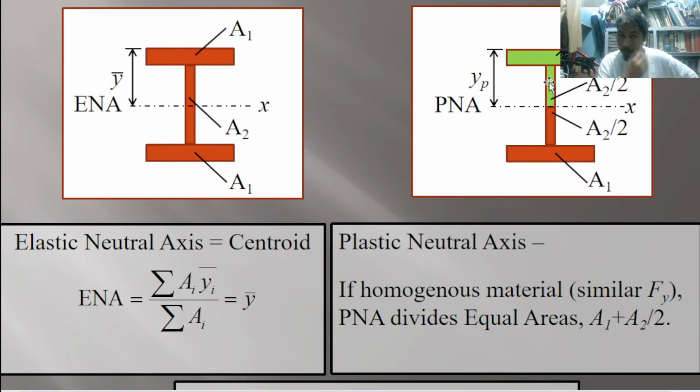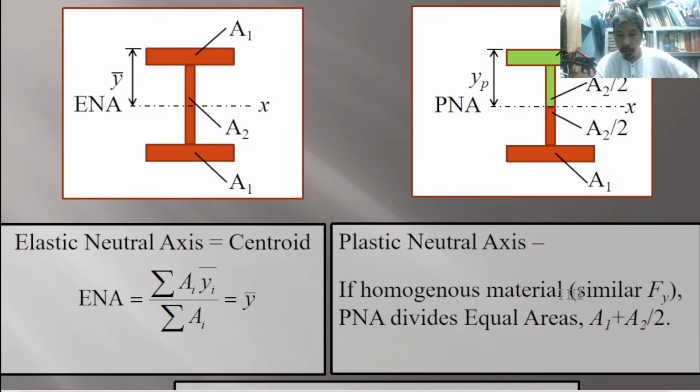We can analyze it using different areas for the planes: A1, then upper part A2, lower part A2. So we have the elastic neutral axis, which is the centroid. Plastic neutral axis, we don't know.